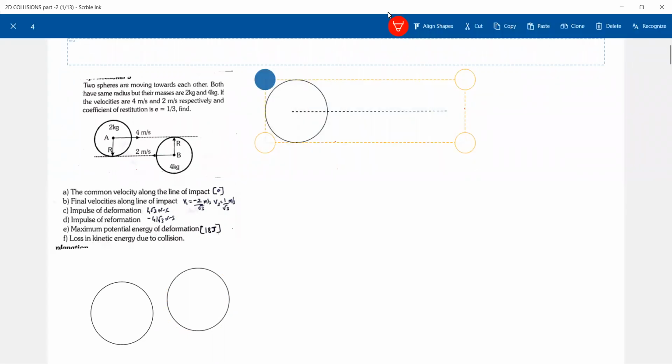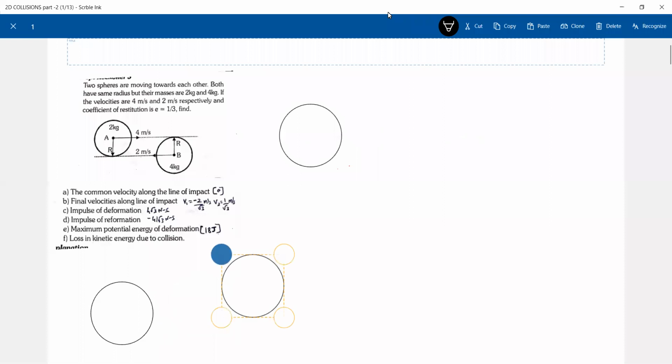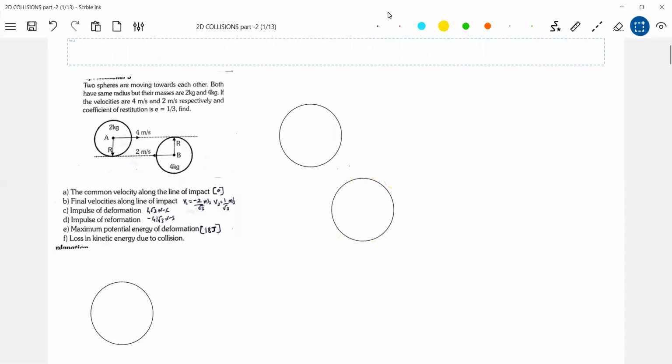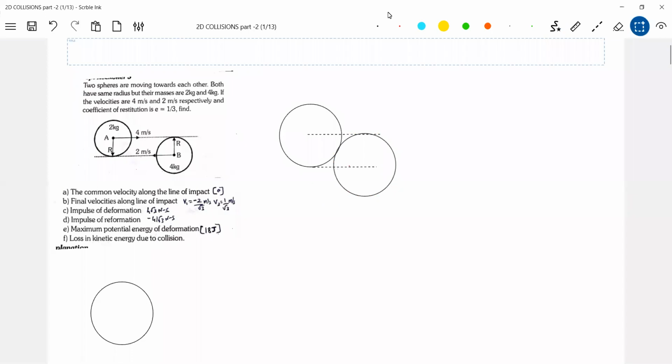We'll take the situation because already the diagram is there. Now when they come in contact, we need a diagram. So this should be the line of impact.